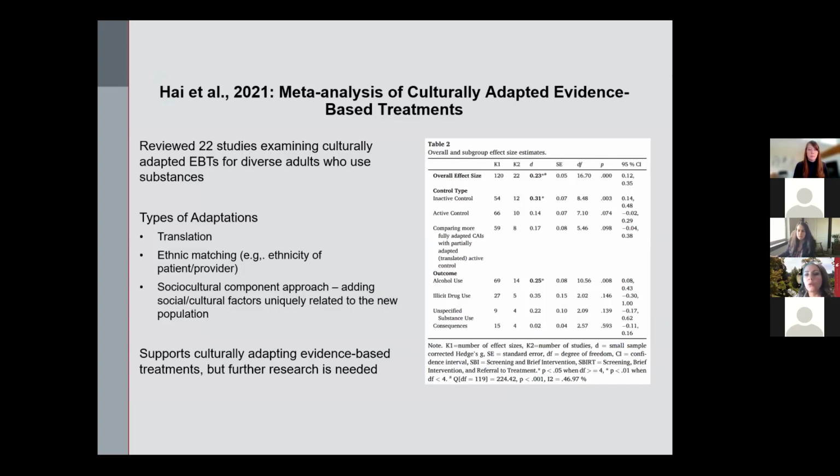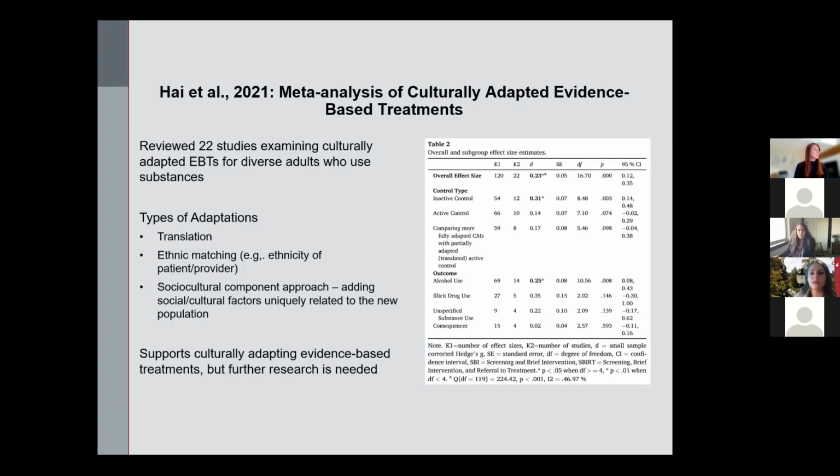And so when we think of effect size and the magnitude of this, we're thinking of the difference in the outcomes between the two groups. So the effect size is basically the mean difference between the adapted intervention and treatment as usual, for an example. So a 0.2 effect size is usually considered small. 0.5 is usually a medium effect size, and 0.8 is considered a larger effect size.